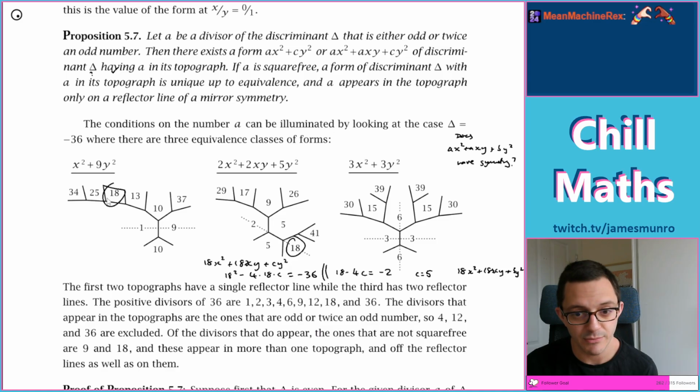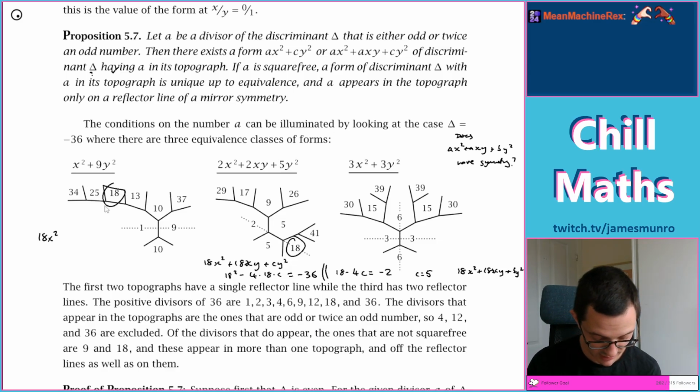It also appears in one of that shape, where I'm going to rewrite this as 18x squared. So it does look like it appears in one of these, I suppose.